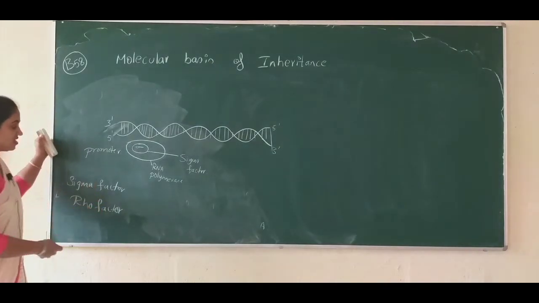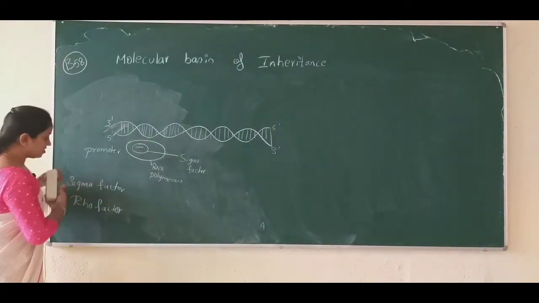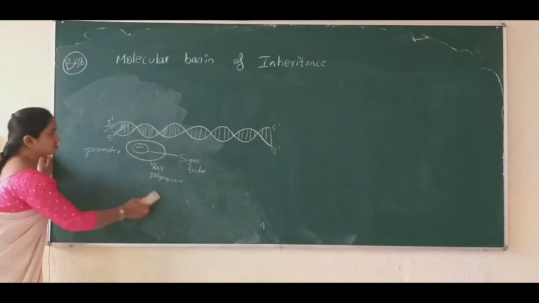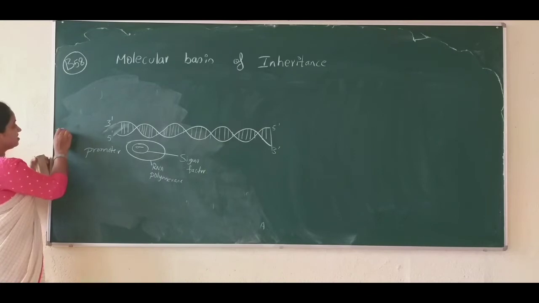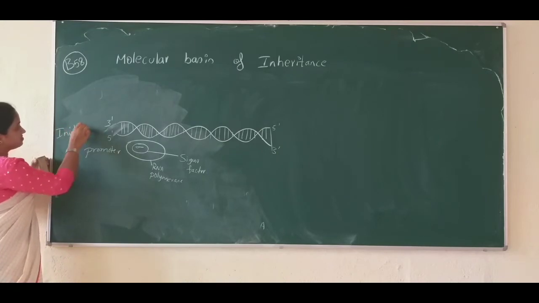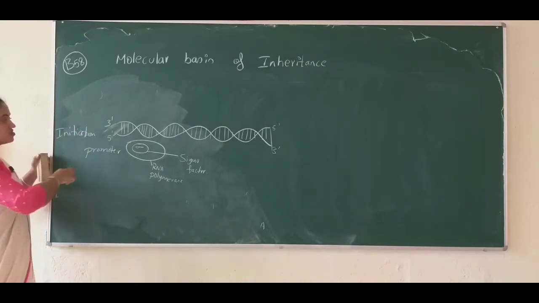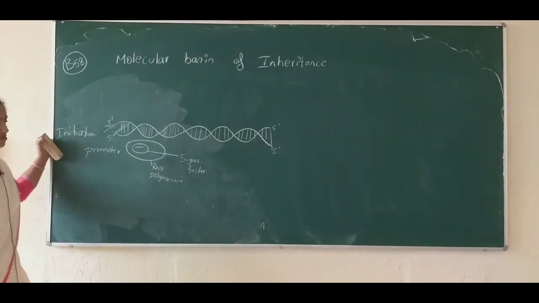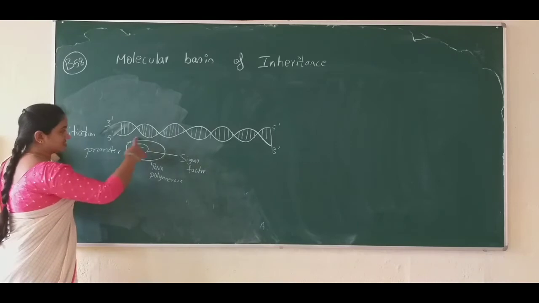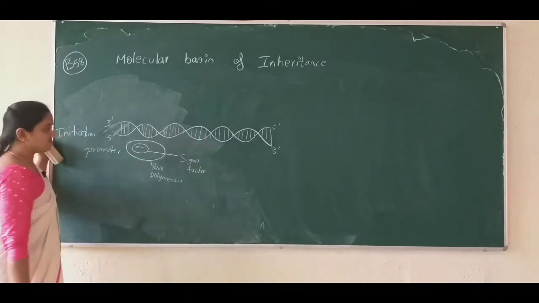Next, you have to label this diagram as initiation. The process is about to initiate because it already has the RNA polymerase and sigma factor.